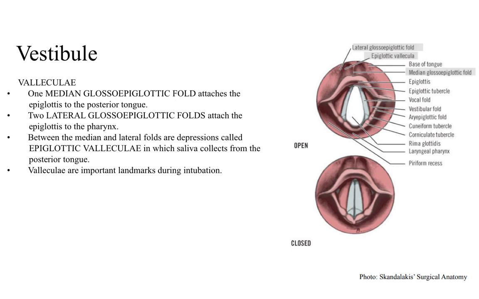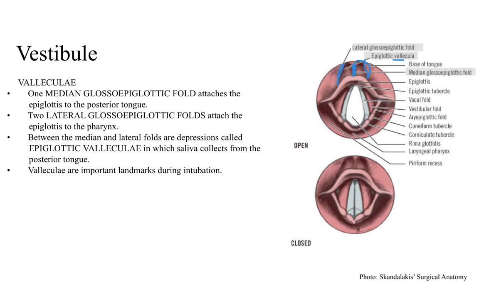Another look at the vestibule that we forgot to mention is that there is this structure called the valleculae, and that is composed of a median glossoepiglottic fold, so coming from the tongue to the epiglottis, as well as two lateral glossoepiglottic folds that will form these epiglottic vallecula, or valleculae, plural.